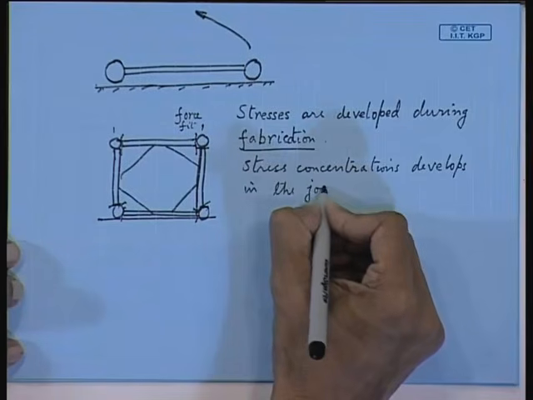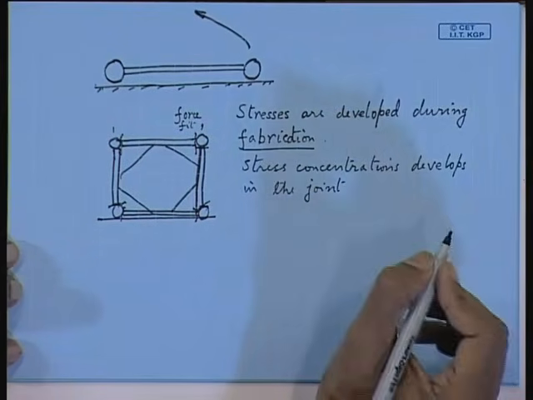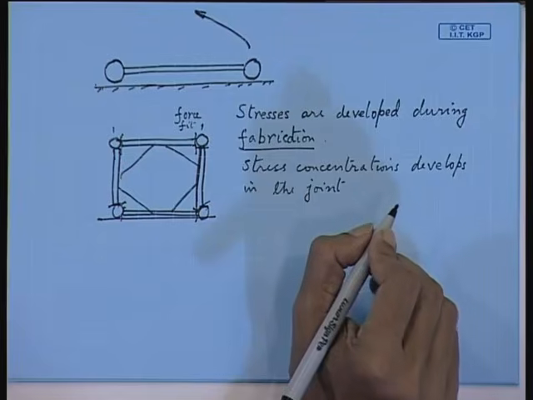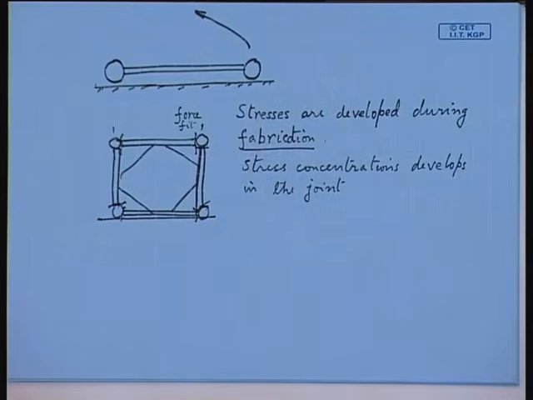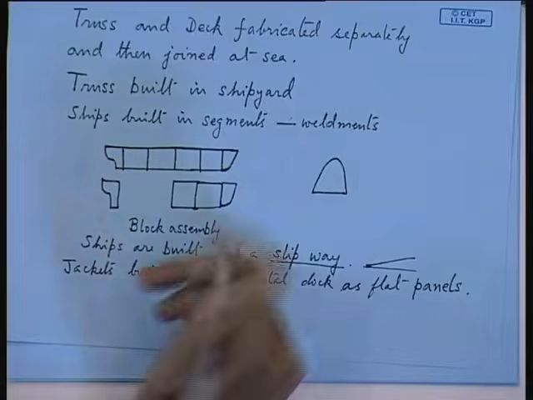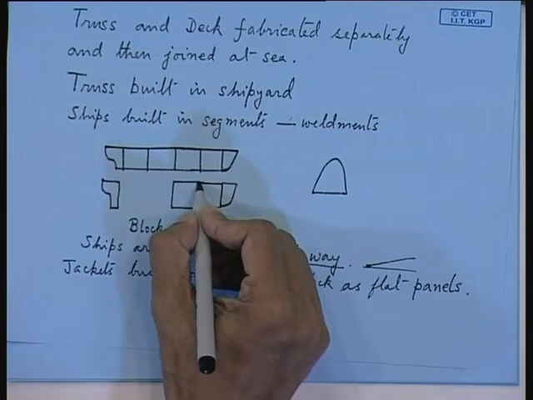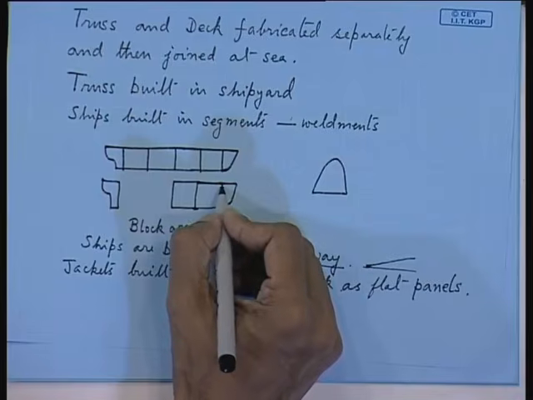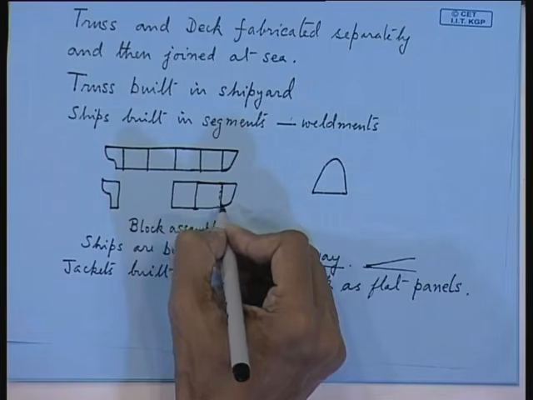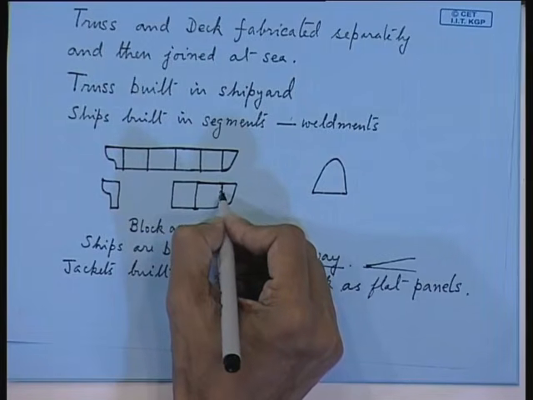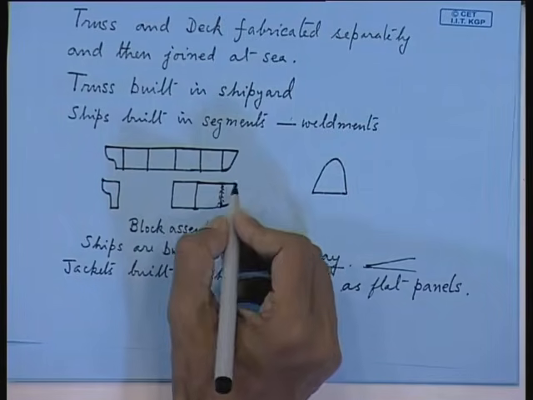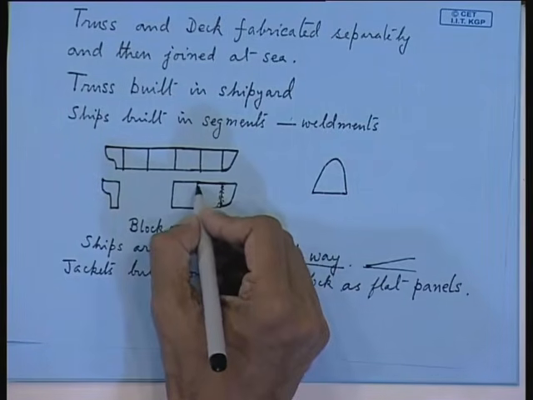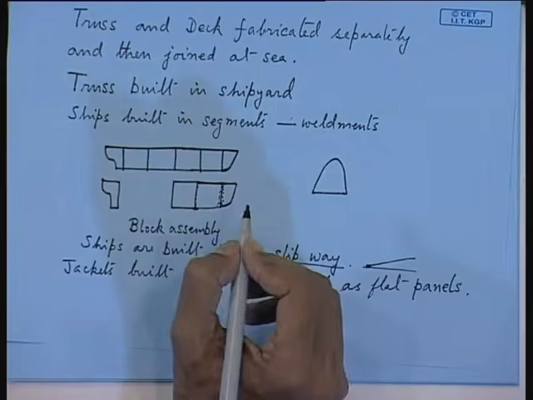Now, there is a particular name given to this aspect of shipbuilding. In ships also, if you have not made this panel perfectly matching with this panel, then you have a lot of welding stresses coming up in this region, and then you will find cracks developing.